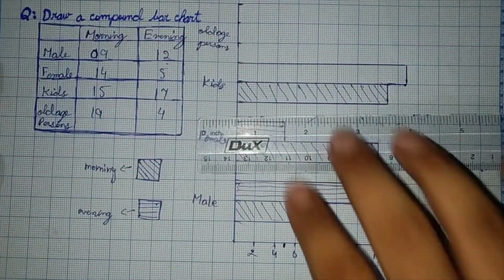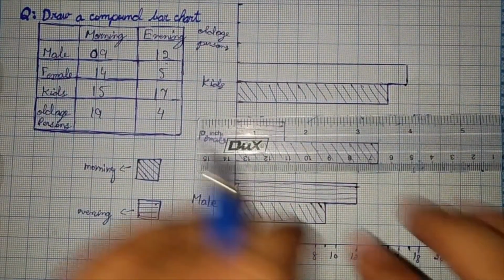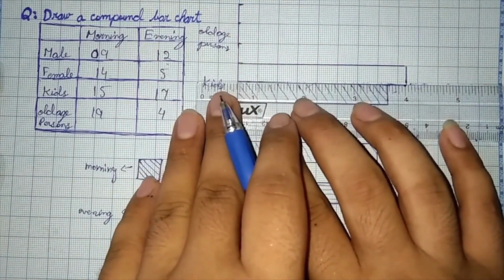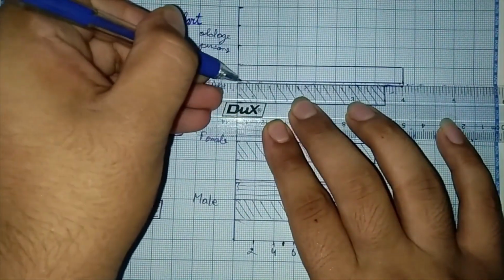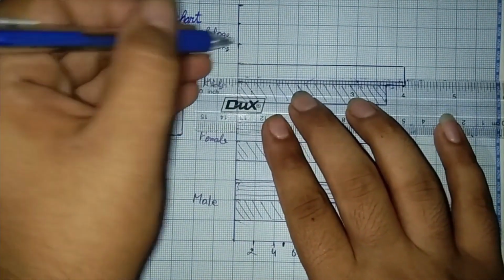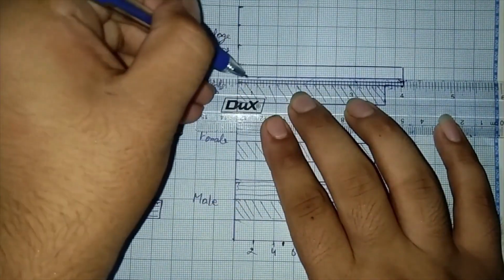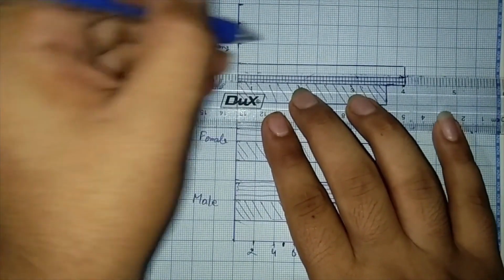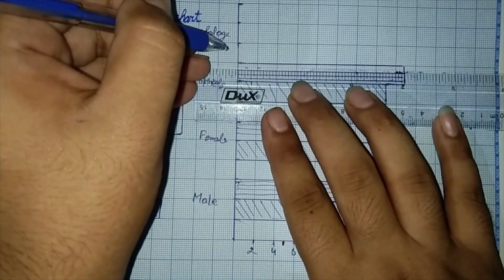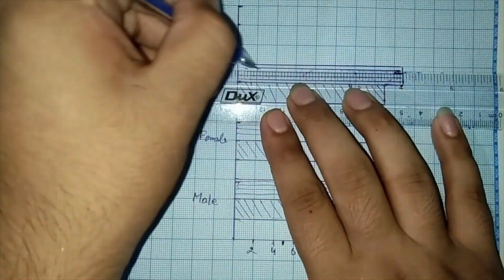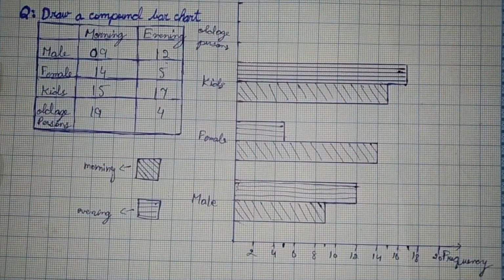So you can see here we have drawn the bar of evening. Let's draw straight lines here so that it can represent the evening part.